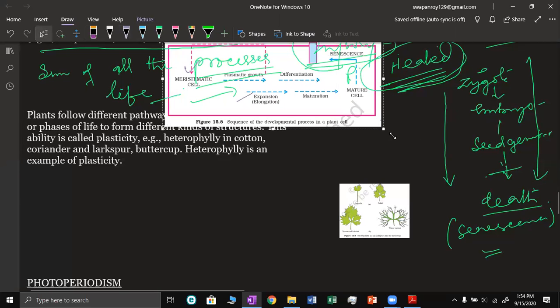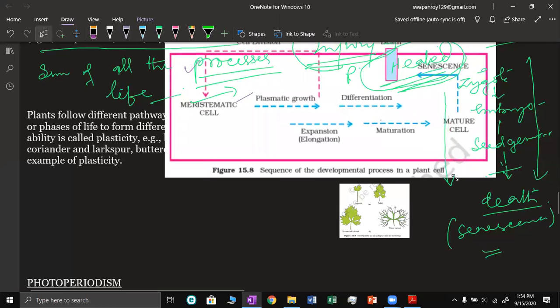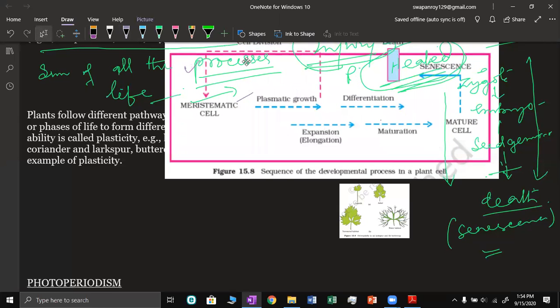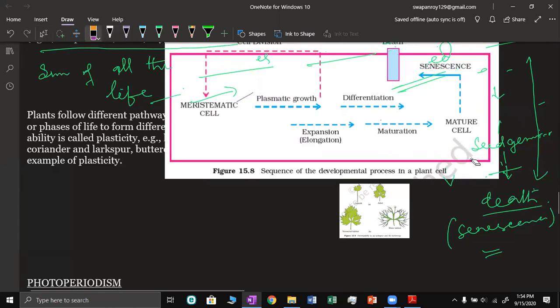This is a diagrammatic representation of the different phases of growth, the developmental process.